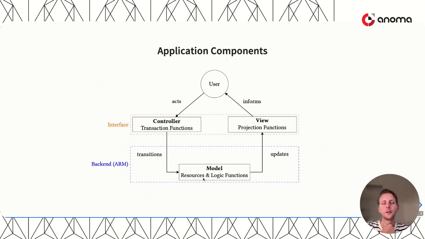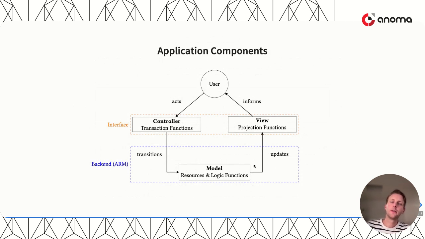Let's start with the model. Let's say we have some state that exists in a token application, and the user wants to know his current balance.